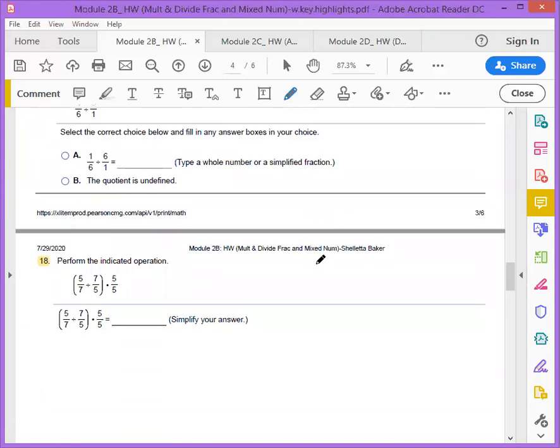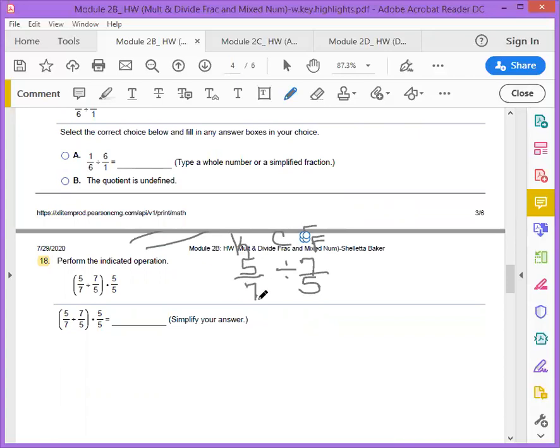All right, let's look at number 18. So in parentheses, you see 5/7 divided by 7/5 in parentheses. So we have to remember those rules: keep, change, flip.